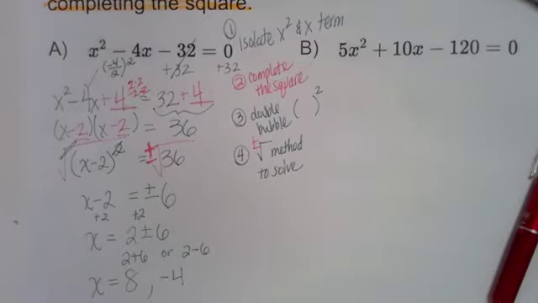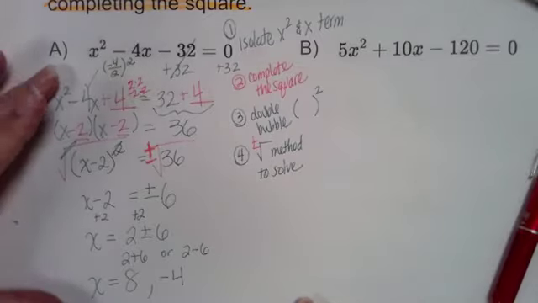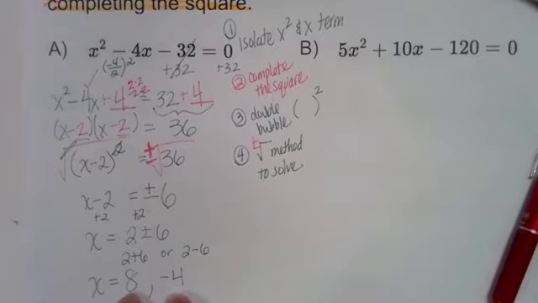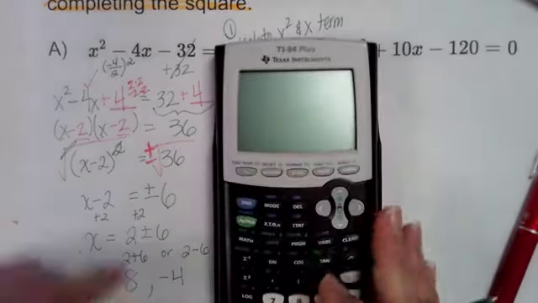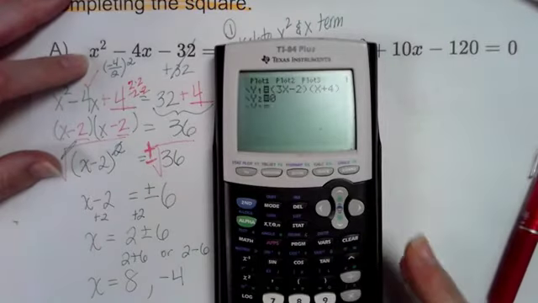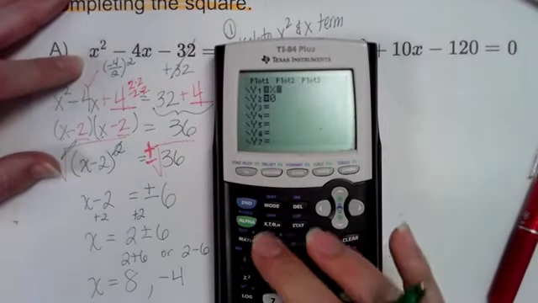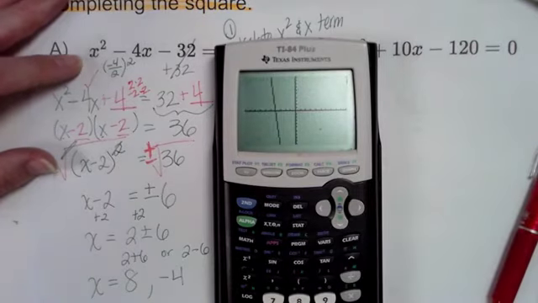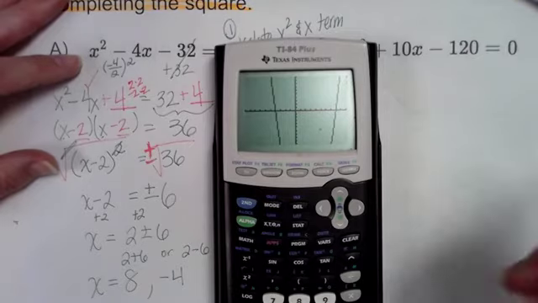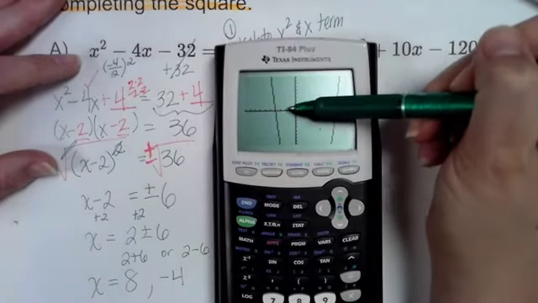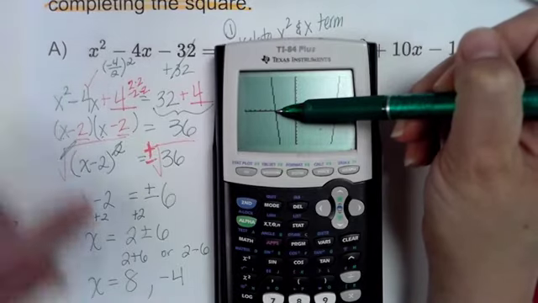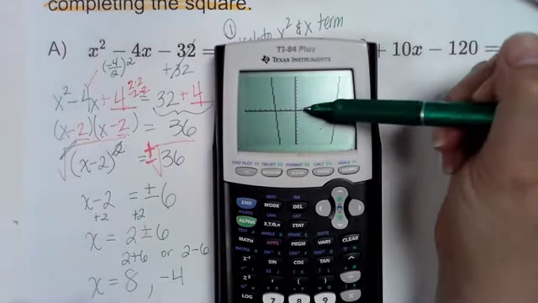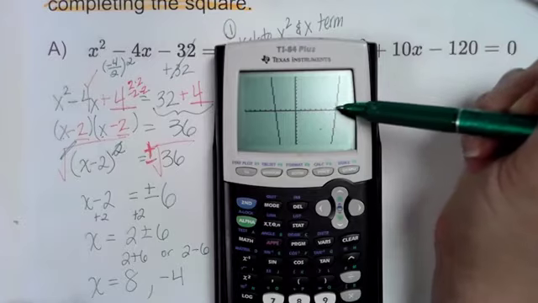You will almost never get one of these from me because you'll notice these numbers are pretty nice, aren't they? Well, when in doubt, graph it out, right? x squared minus 4x minus 32. Let's take a look. Where did this parabola cross the axis? 1, 2, 3, negative 4. 1, 2, 3, 4, 5, 6, 7, 8.